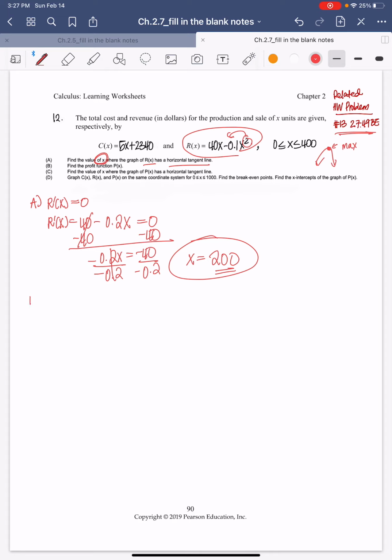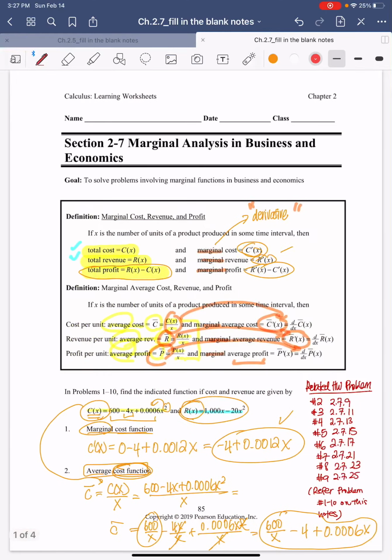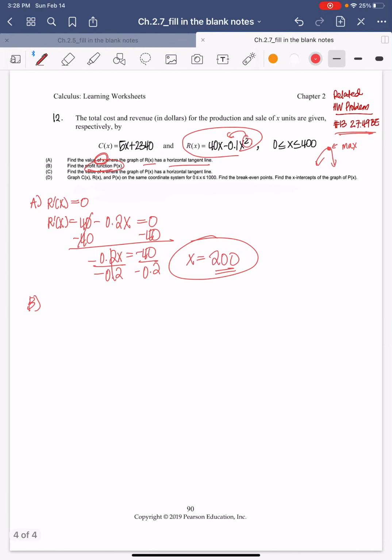Part B, find the profit function. From the definition, profit is R of x minus C of x. So we just have to subtract between the two. P of x is R of x minus C of x. R of x is 40x minus 0.1x squared, and then subtract 5x plus 2,340.